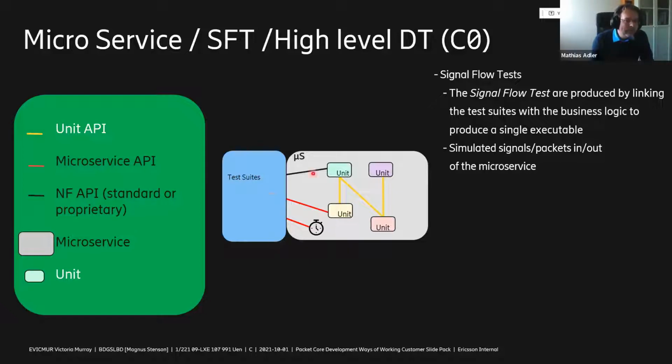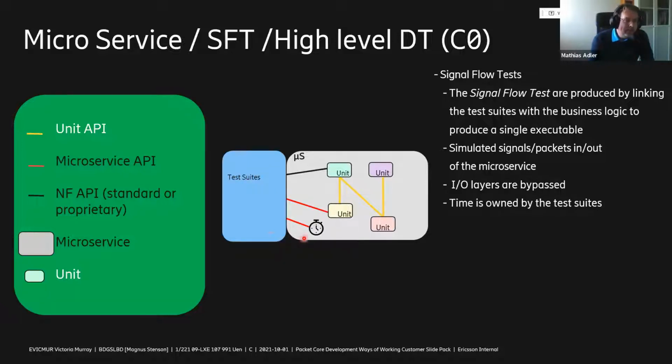As I said, we do have external interfaces for the AMP product that we can simulate, or interfaces to other microservices that we can simulate using these test suites. Here we bypass the IO layers of the microservice, but everything else is the same.